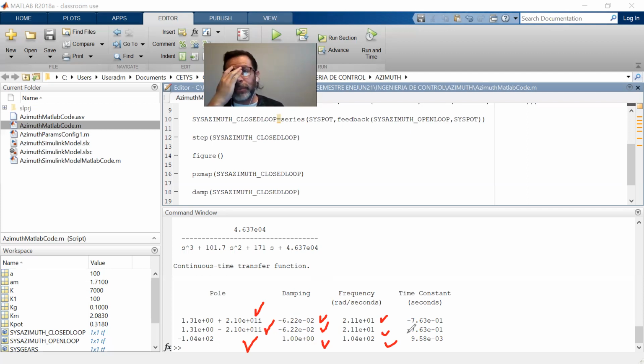This is a third order system. Well, what happens if the system is third order, fourth order, fifth order, or larger order? There's going to be more than 2 poles. However, there are going to be poles that are called dominant poles. Those are the poles that are going to dominate the system response.